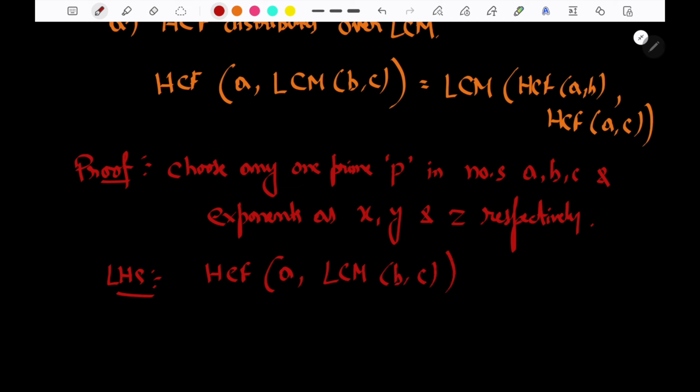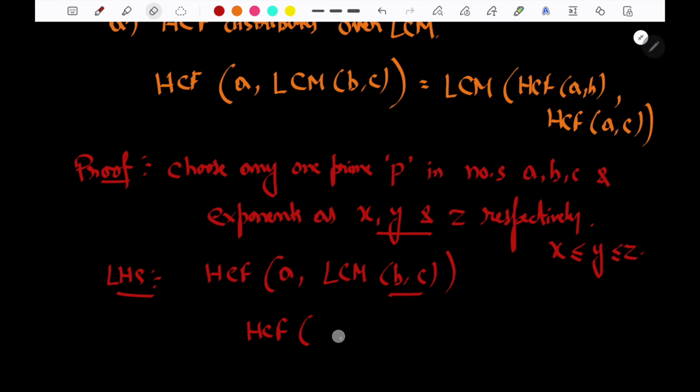We also consider one thing here: exponent x is less than or equal to y is less than or equal to z. So LCM of B comma C will be the maximum of y comma z, which is z. Now in A, what is the exponent of p?